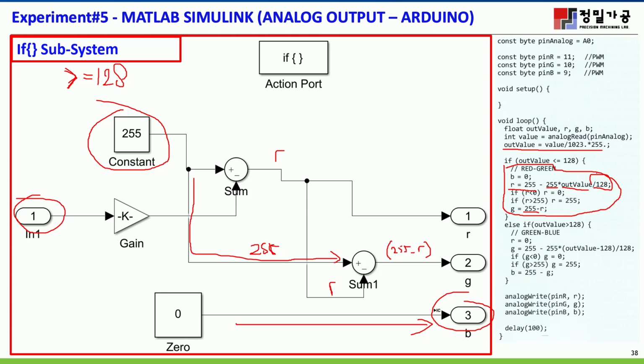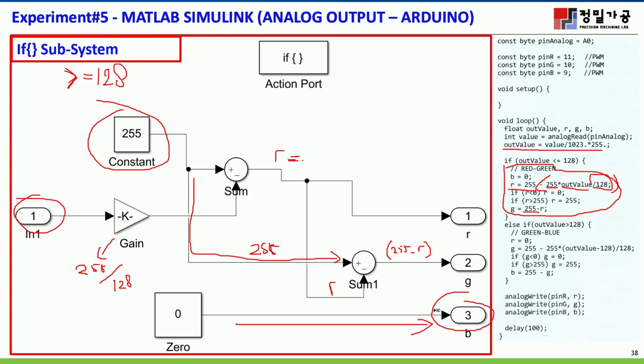This gain is 255 divided by 128, and this one is simply 255 minus this part. Okay, I think this one is right.